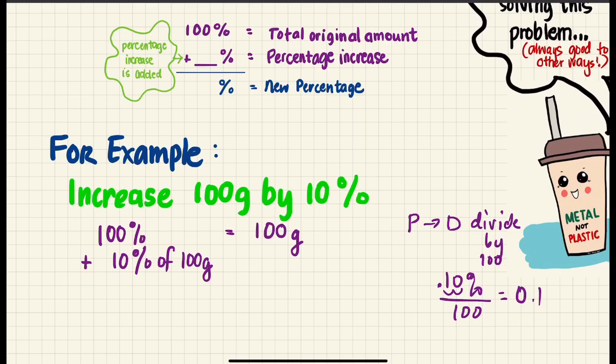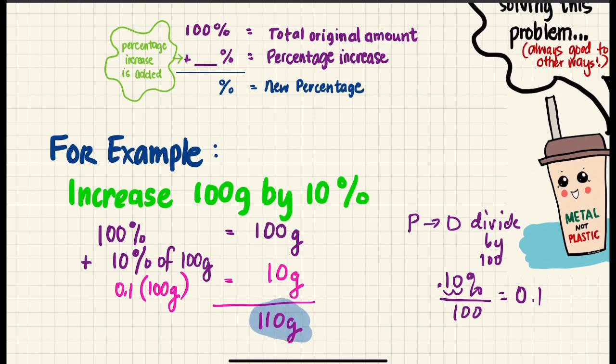So what is 10% of 100 grams? That's 0.1 of, remember, of is multiply, 100 grams. And you will know that that is equal to 10 grams. Okay, so let's add it together. 100 grams plus 10 grams is 110 grams.